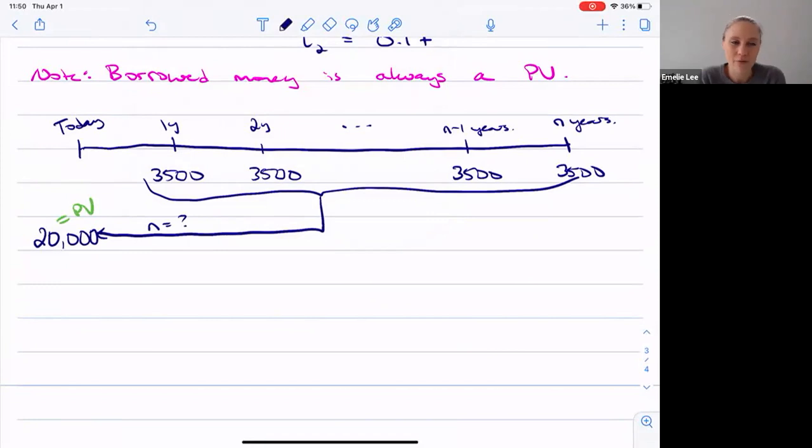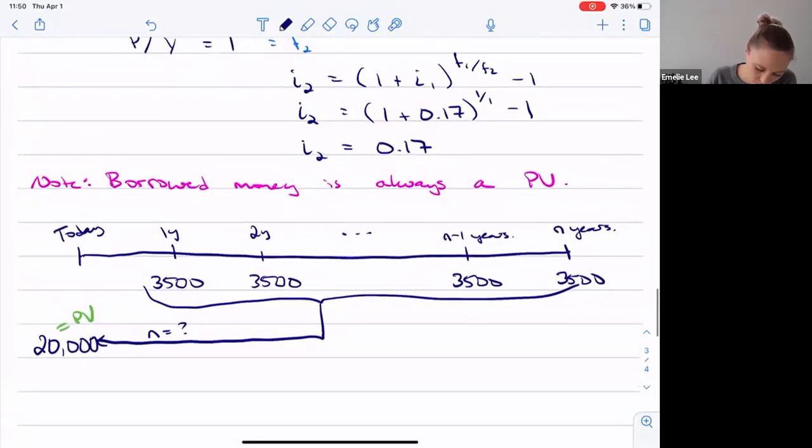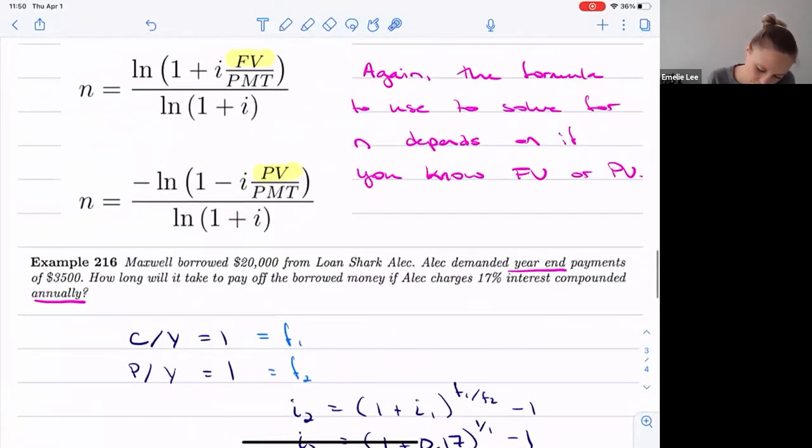Because I have the present value, the formula that I need to use has to involve the present value, which is this guy here.